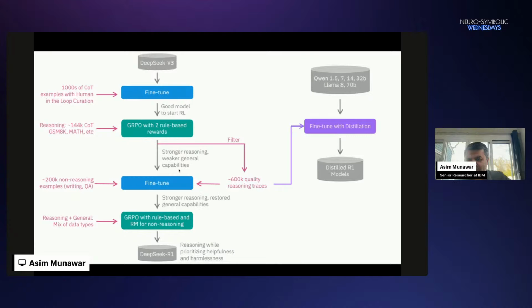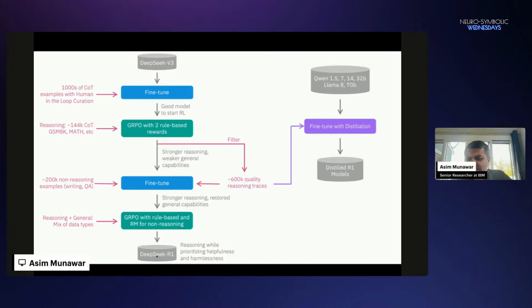So here, first of all, they distill the model. They have around 600K very good quality reasoning traces, and they added 200K new non-reasoning examples. Here they use two kinds of rewards in the next RL stage. They again do GRPO, with rule-based rewards for math and code, and a reward model for non-reasoning, natural language tasks.